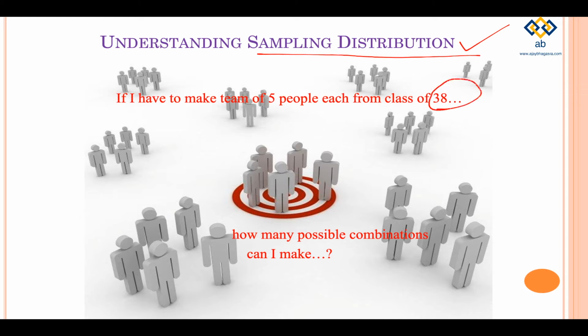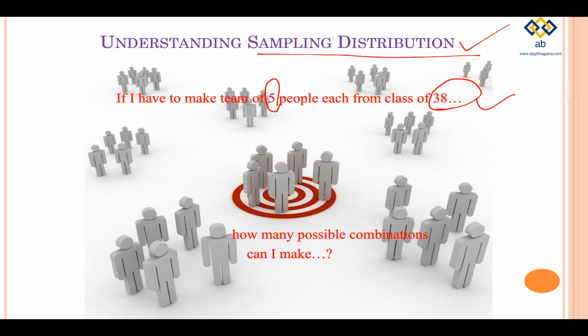Now, suppose I ask you how many samples of size 5 can I make out of the class of 38? What I'm trying to understand from you is, out of a class where the total number of students is 38, how many possible samples can I draw of size 5?